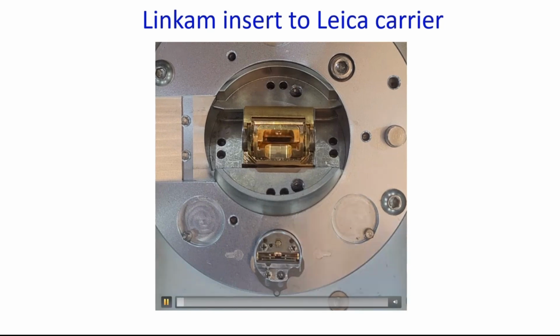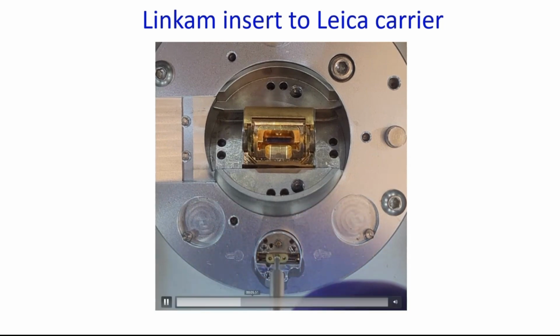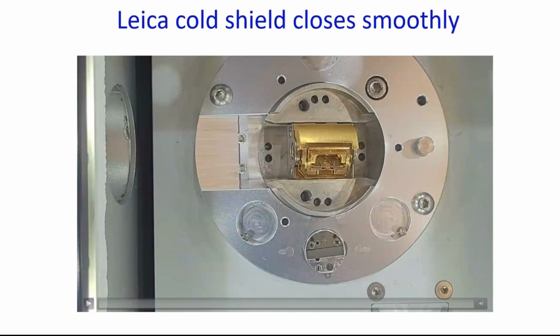And then, of course, the last thing is to make sure, I don't know if I switched. I didn't switch. The last thing, of course, was to ensure that the linkum carrier has been inserted far enough inside your Leica carrier that it's flush, so your protective shield can be closed.